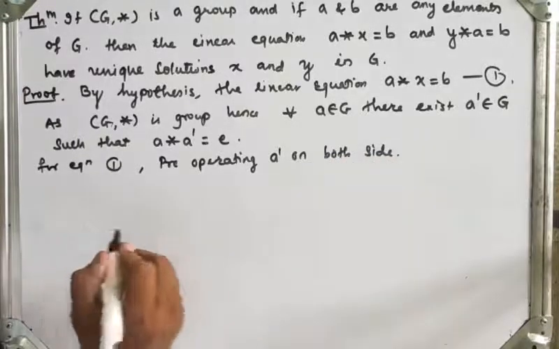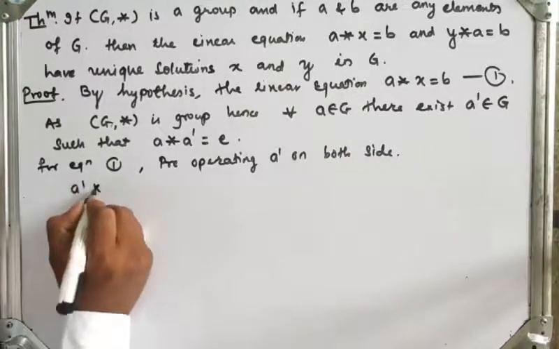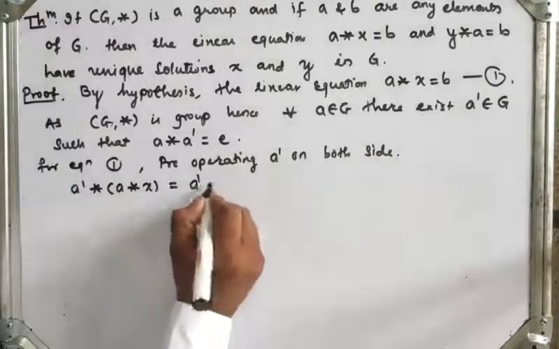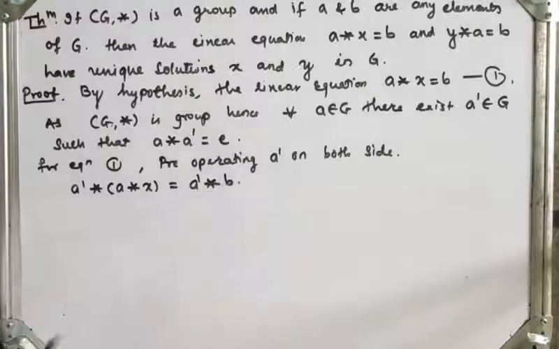What will we get? A dash star A star X is equal to A dash star B.